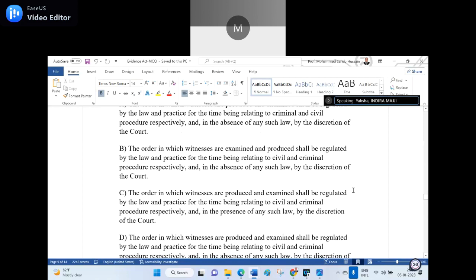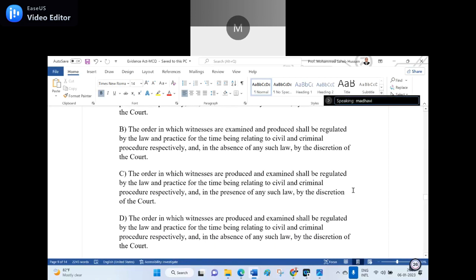Then what is left over? A, C, D are left over.